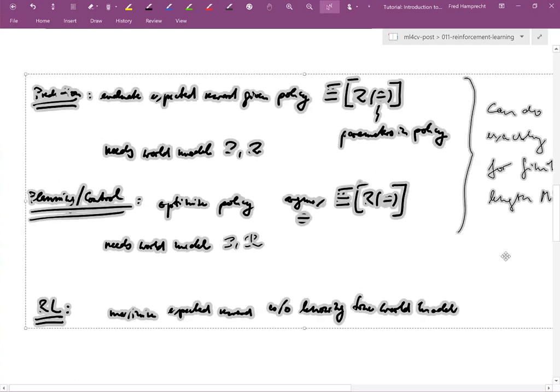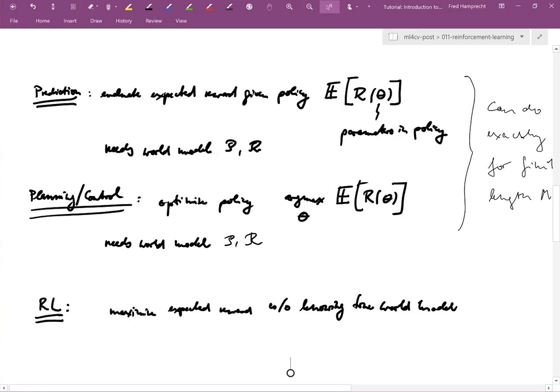Okay, so prediction is the first class of problem. We try and evaluate the expected reward given a policy. And we need to know for this the world model and the policy also.